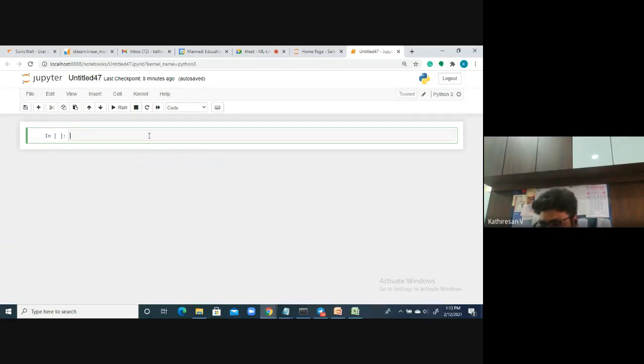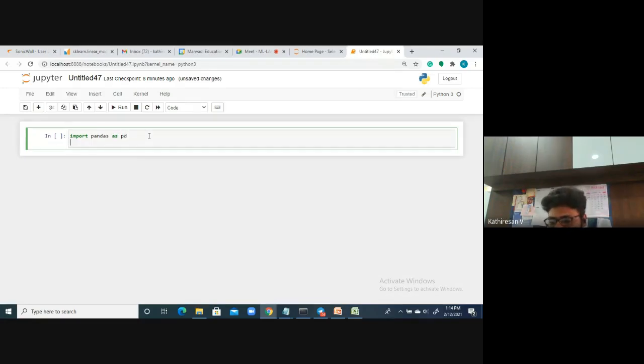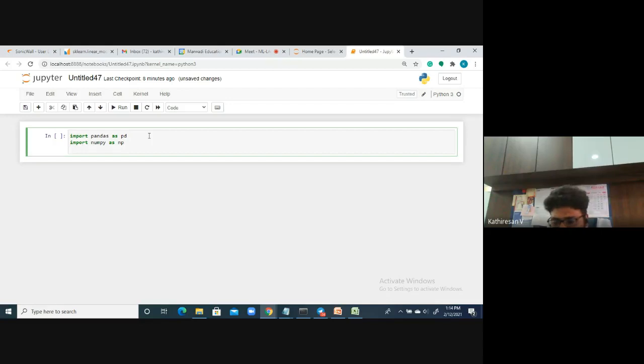In order to do this, first you have to import pandas, then import numpy, then from sklearn you have to import linear model. This is in order to do multilinear regression.